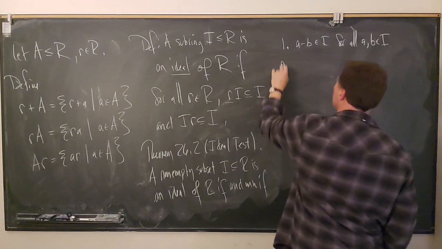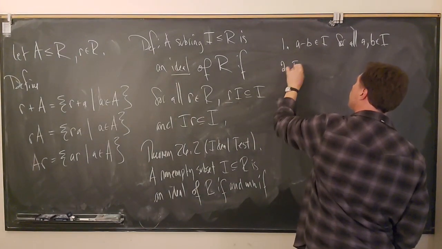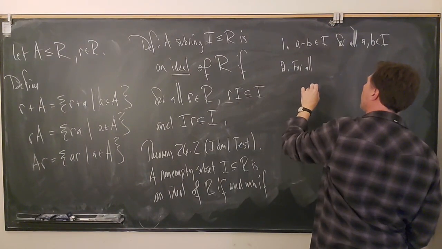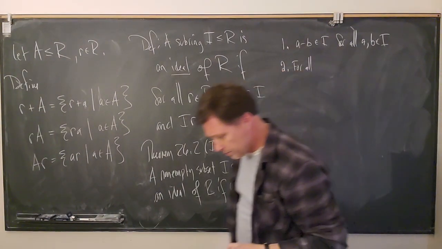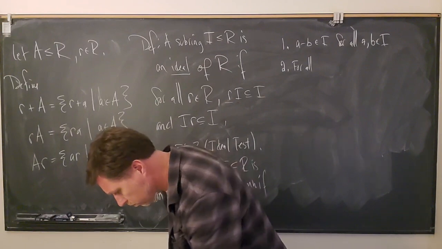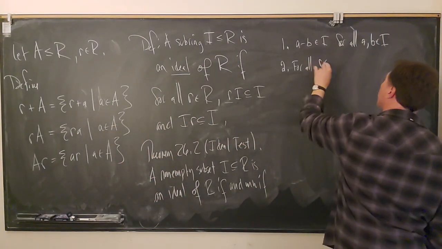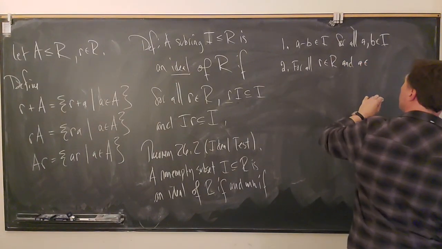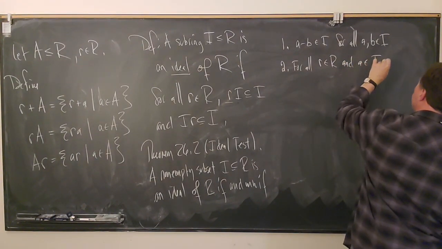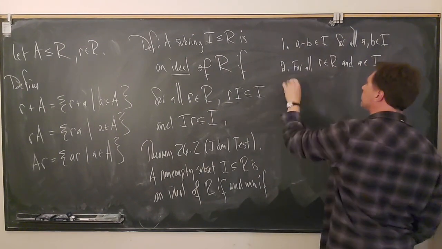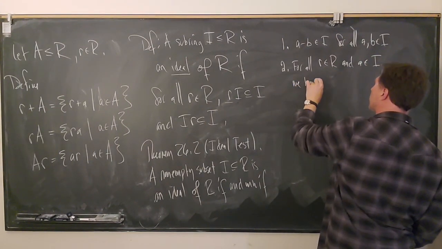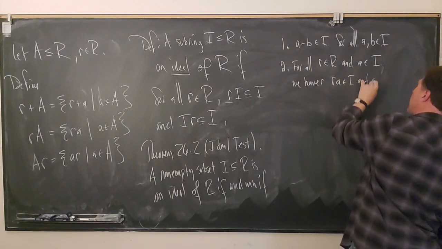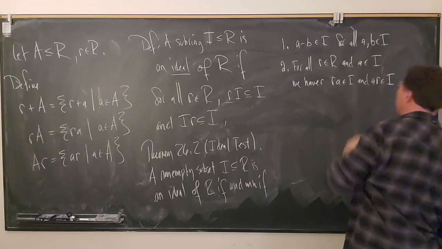And two, for all little r in capital R and little a in capital I, we have r a is an element of I and a r is an element of I.